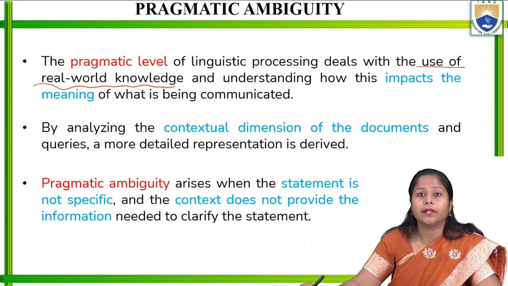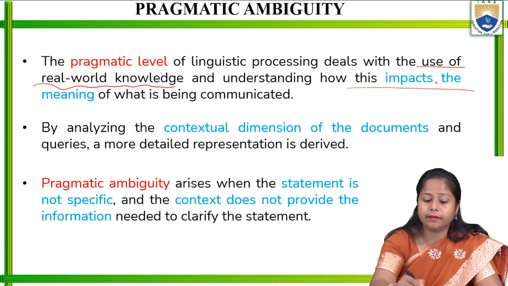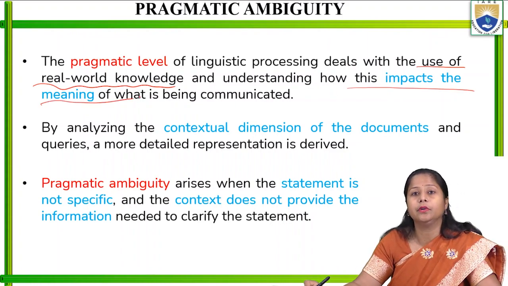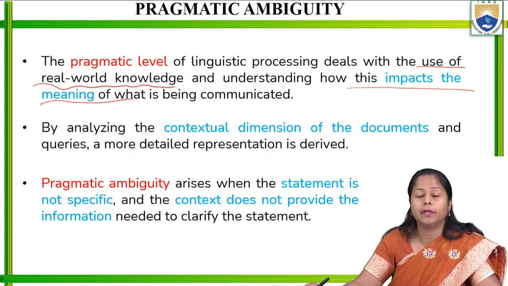So here real world knowledge and understanding should be there, as that is going to impact the meaning of what is going to be communicated. That will be based on the user, what he is communicating, what he is going to pass with different beliefs, different emotions and different sentiments.